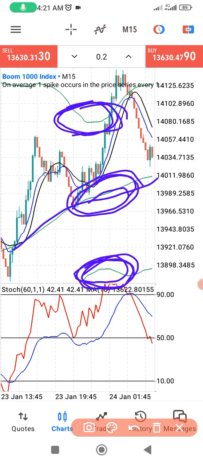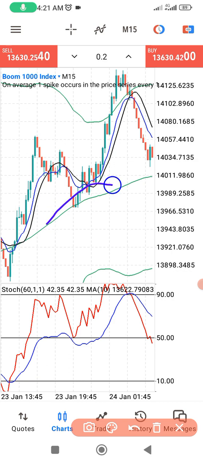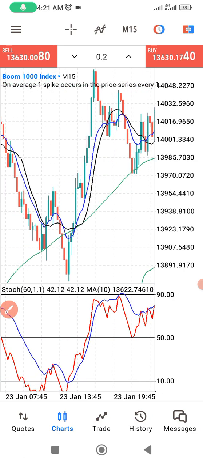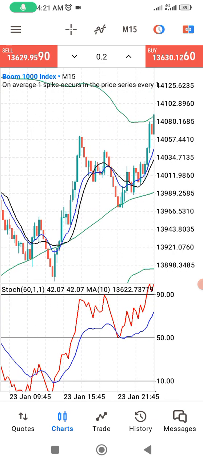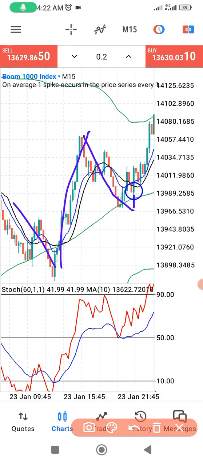Then the middle Bollinger Band, which is what you are seeing now, helps us to determine our trend continuation. You can see it's doing it perfectly, where price comes back to it, continues, comes back to it, continues.